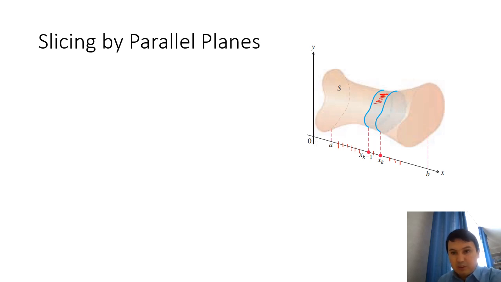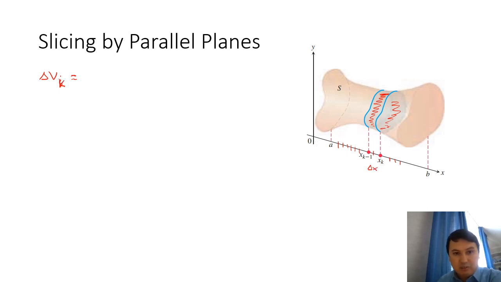Then what we need is to calculate this volume, so let's call it delta V_i for the ith interval. This is roughly the height. So what is the height here? It's delta x, right? Here it's denoted by k, we can also denote it by k.